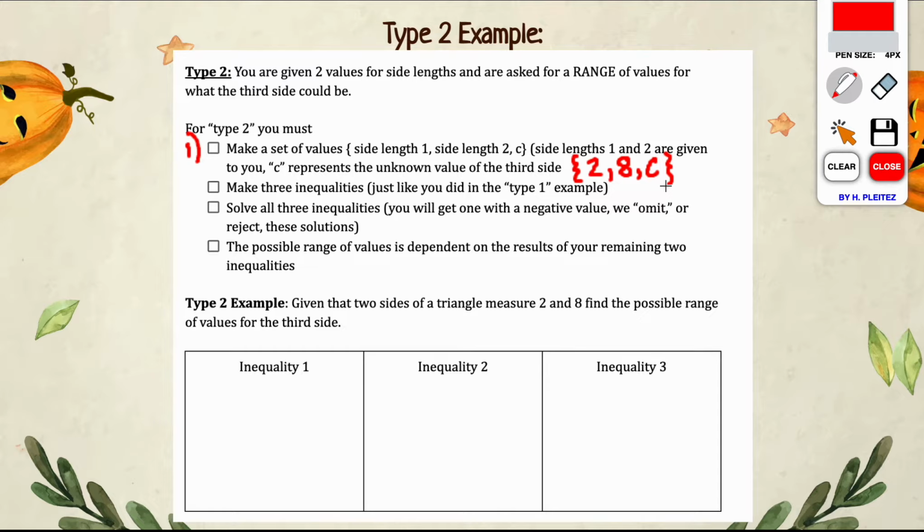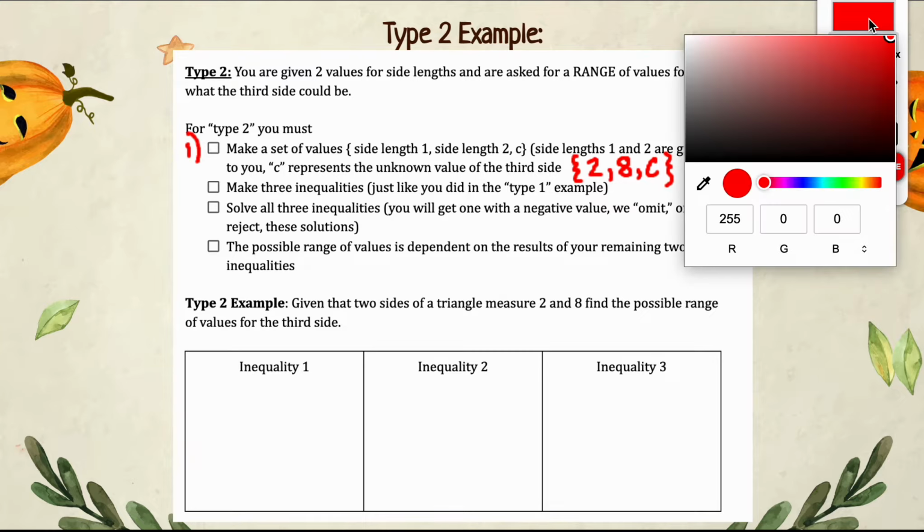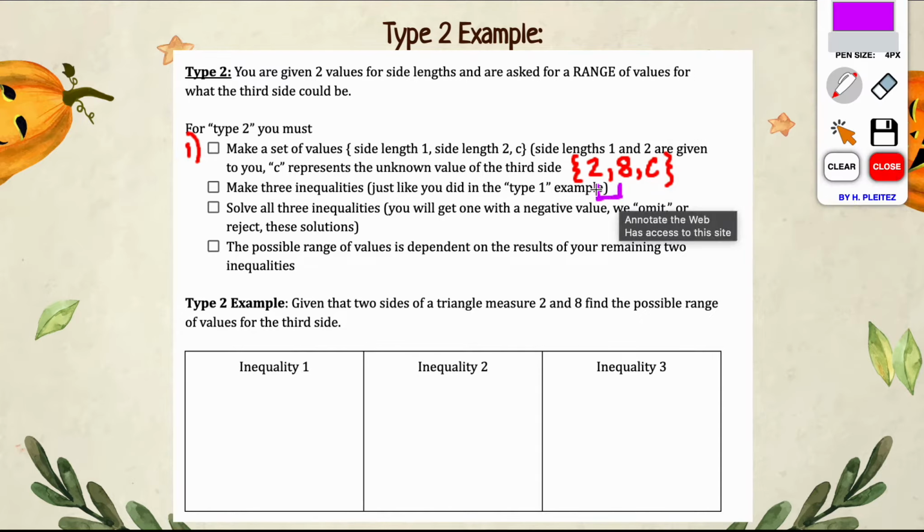So now we're going to create our three inequalities using this set. If you remember before, we had three given numbers in our set to make our inequalities, and now we still have three items, but one of them is just a variable, which is fine. So our first inequality, let's do this in purple. We're going to talk about adding the 2 and the 8.